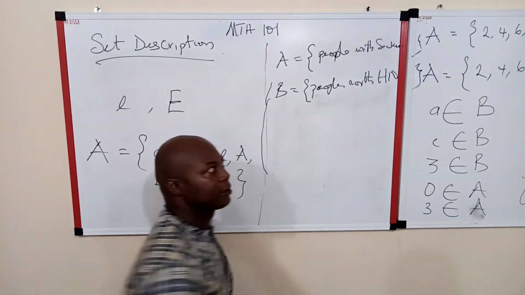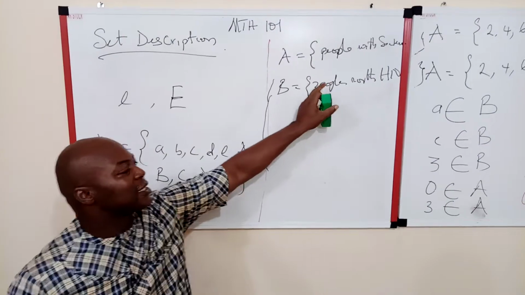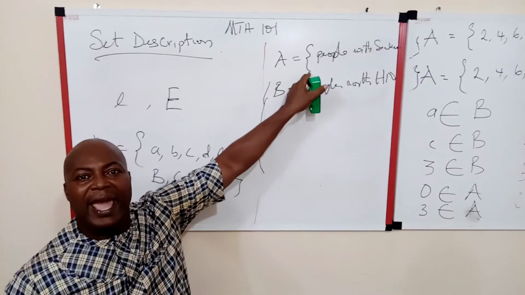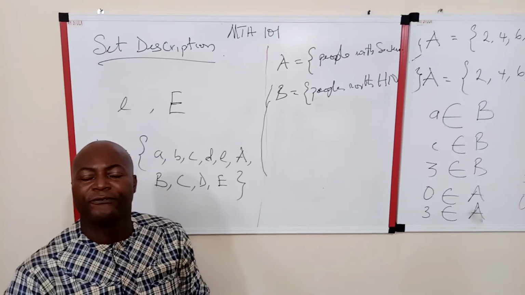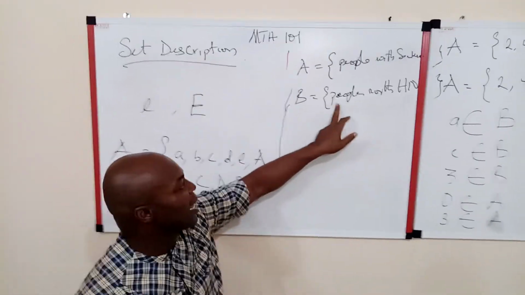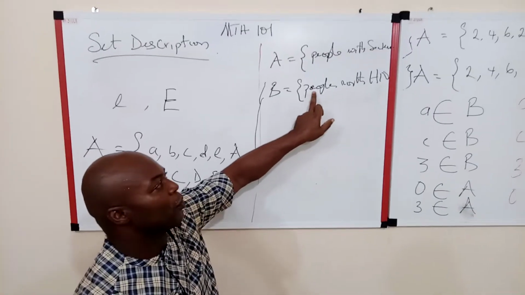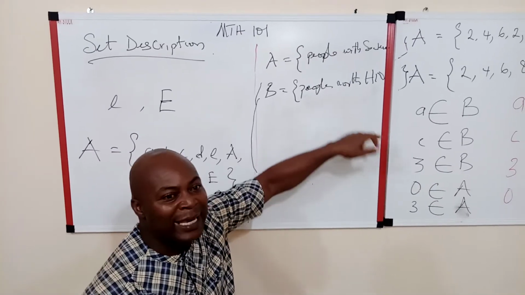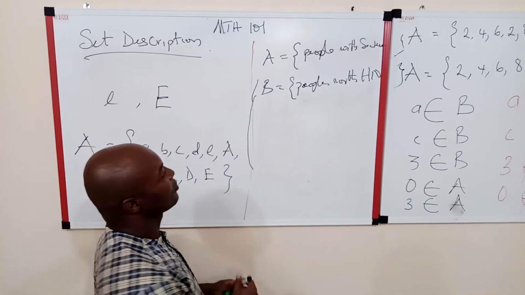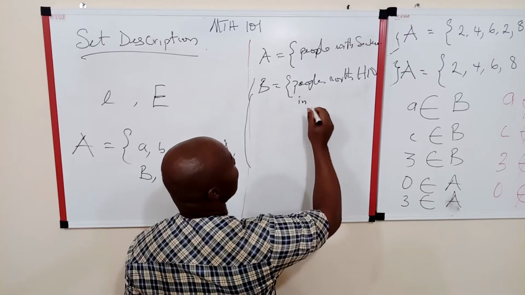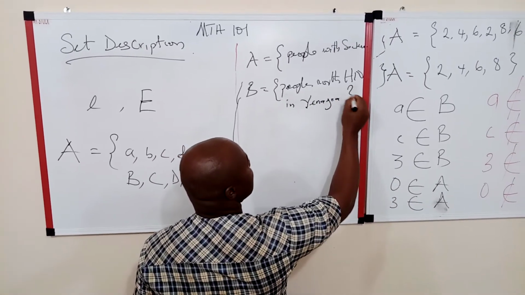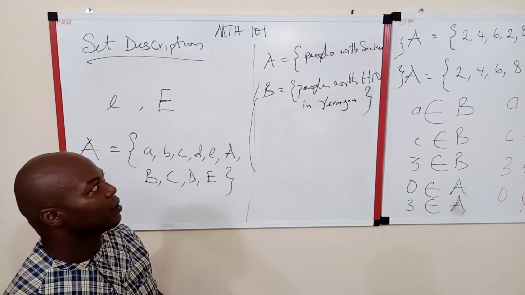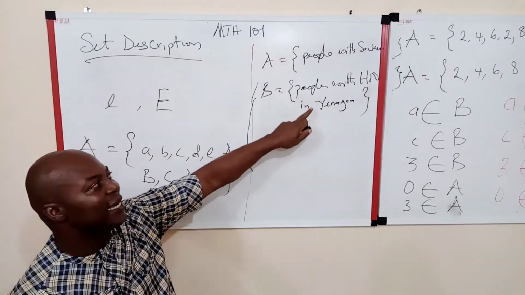You can now see that set A is a bit misleading. It's a bit vague. Let's say B is people with HIV in Yenagoa. Now you can see that B is well defined.